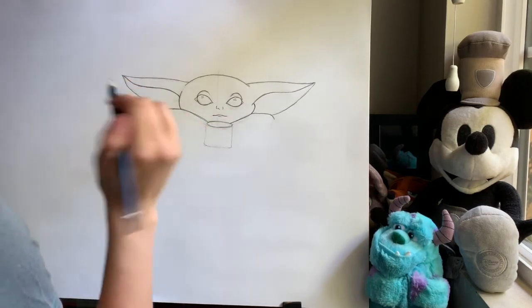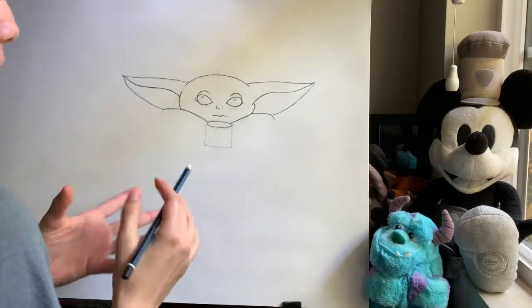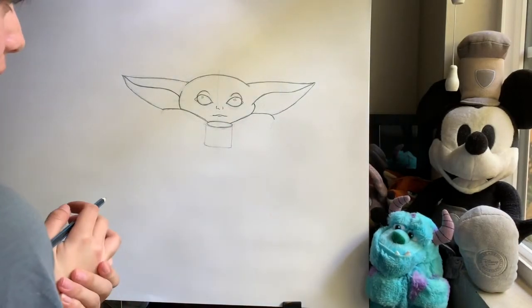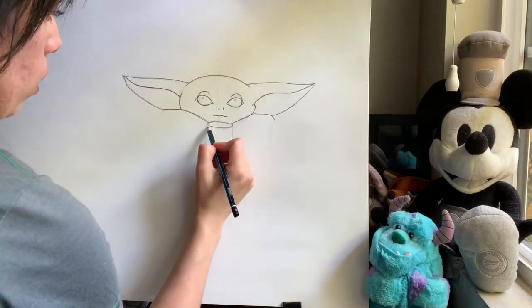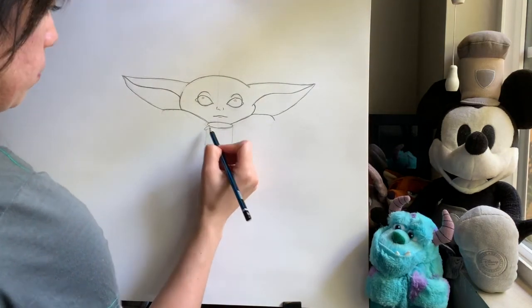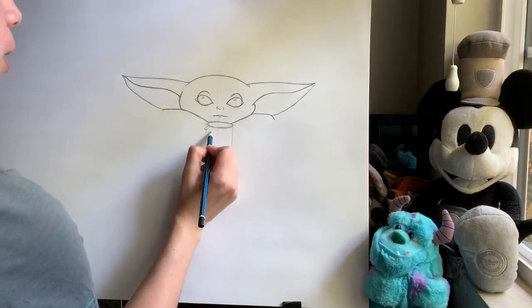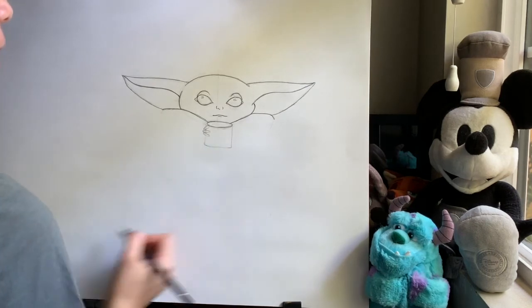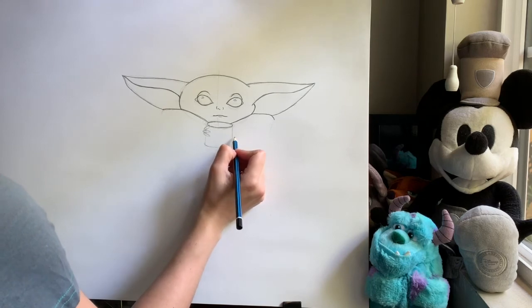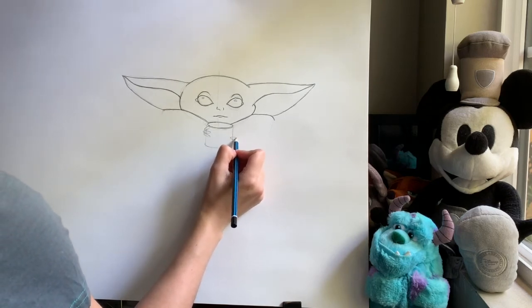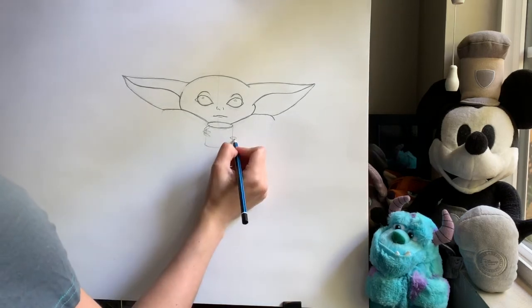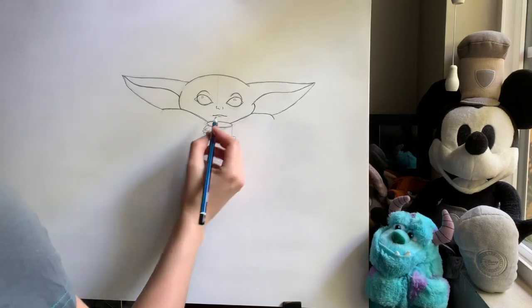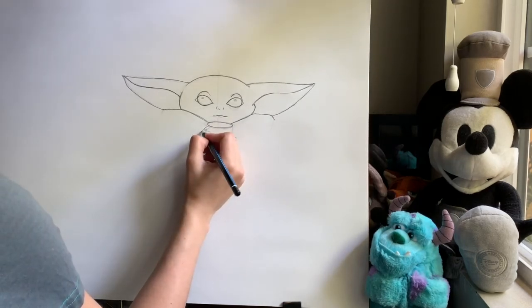So on this side, we're going to do 3 circles to represent 3 of his fingers, or his whole hand maybe, as it was. And one is going to be placed there, the other right across, and the other one right below. And then on this side, it's going to be one across down here, and the other a little bit slanted, like so.